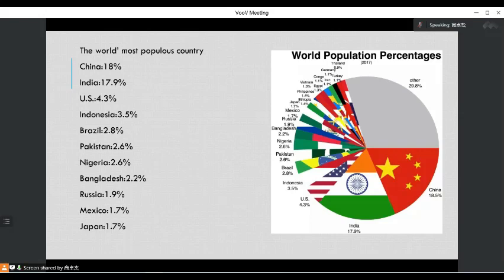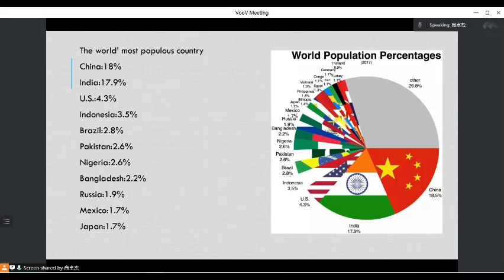Other countries are not shown in this picture, but do you know how many countries there are in our world? Something close to 200. Yes, almost 200 countries in the world.